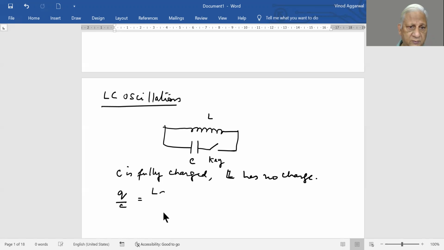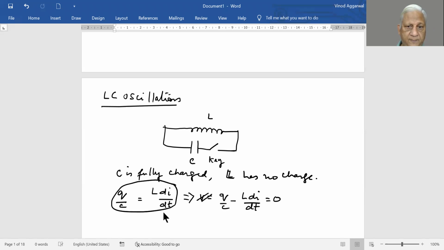And this becomes L dI by dt, which means voltage is equal to Q by C, minus L dI by dt equal to 0 from here only.